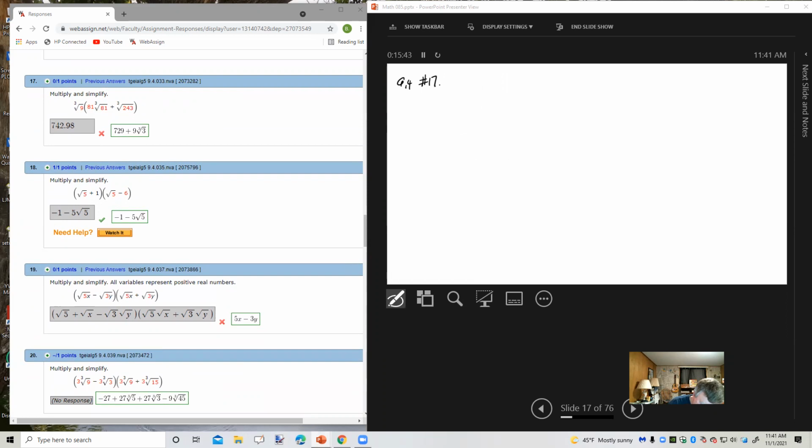Multiply and simplify the cube root of 9 times 81 cube roots of 81 plus the cube root of 243. So distributing, I get the cube root of 9 times 81 cube roots of 81 plus the cube root of 9 times the cube root of 243.